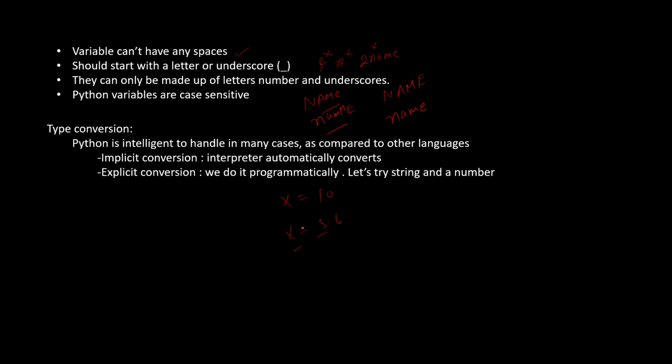Python just takes care of this. Or we do explicit conversions, in which we programmatically say that this particular string should be typecast into an integer. We'll look at some examples in the program itself, and then you'll understand a little bit more.